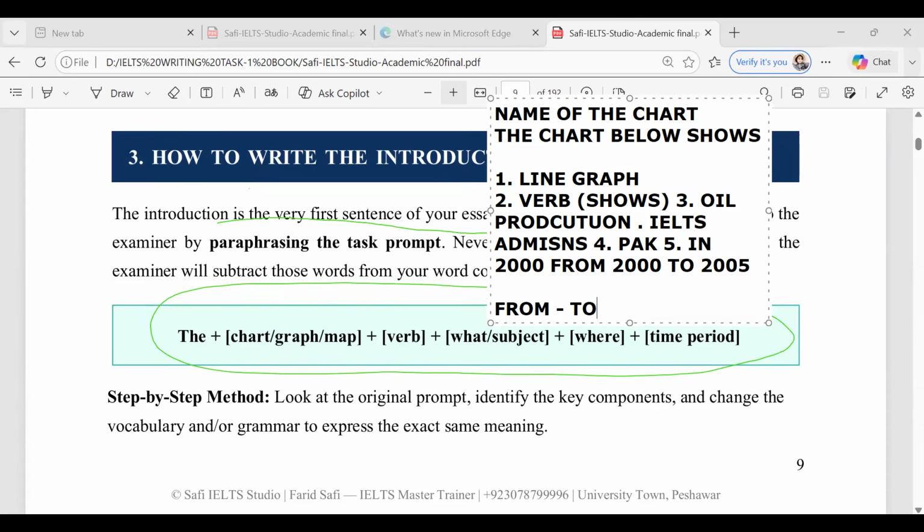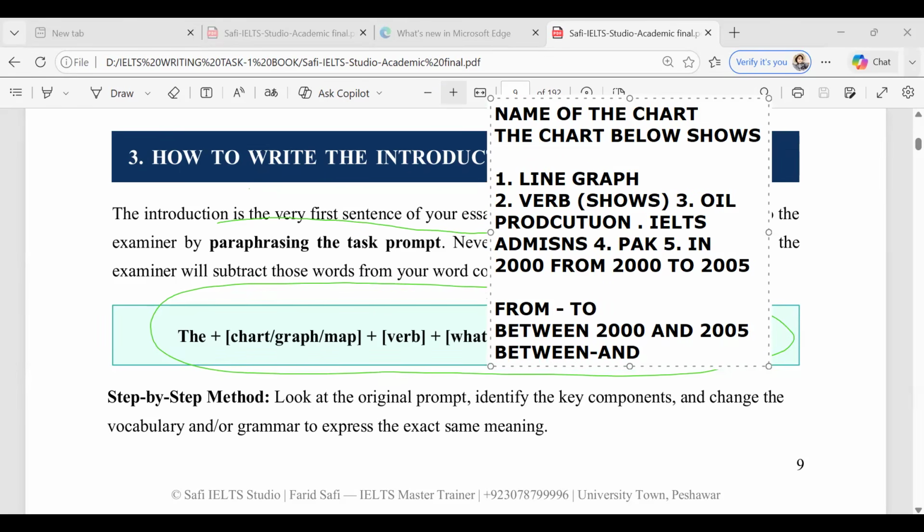From is followed by to. Then you can paraphrase it. You can write between 2000 and 2005. Between is followed by and.